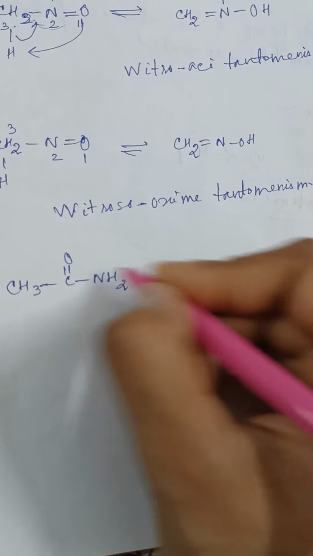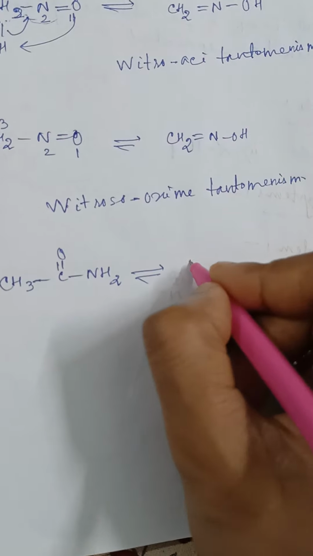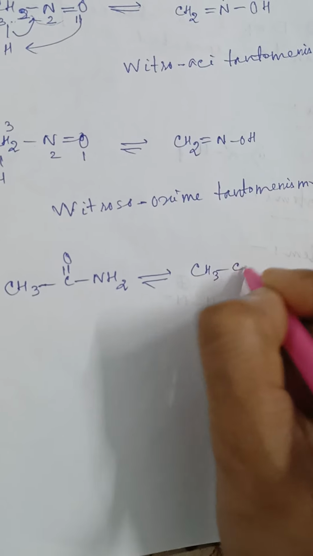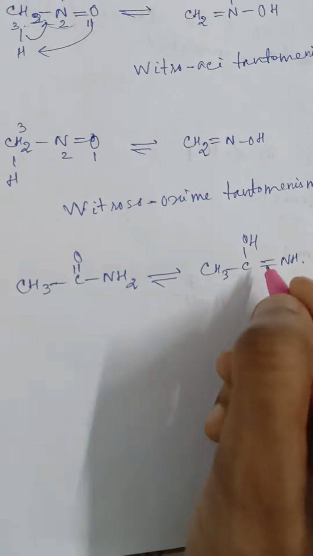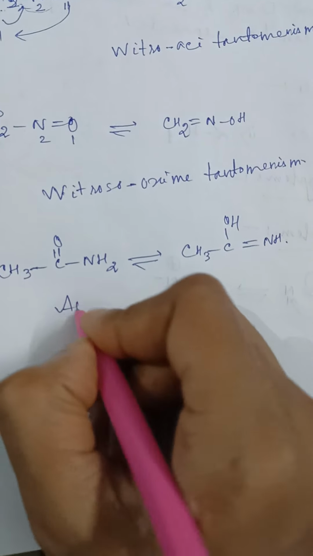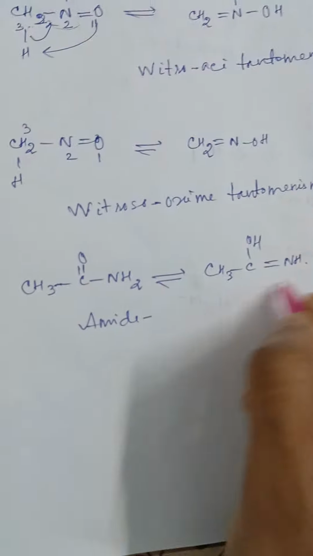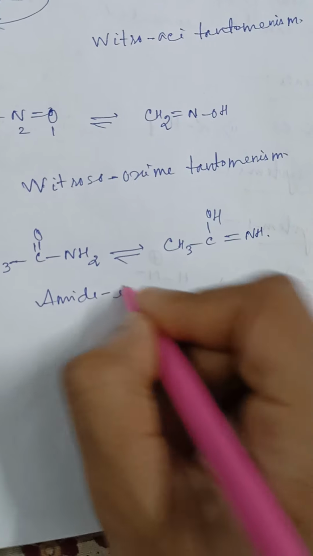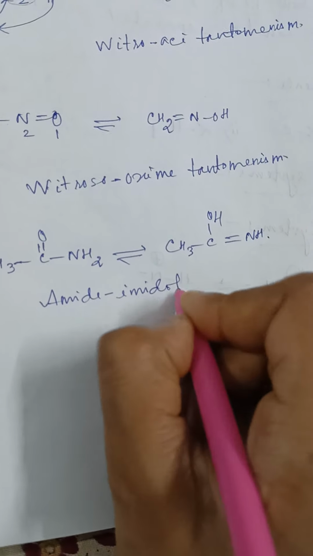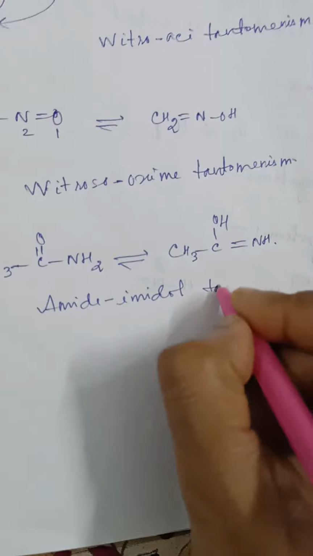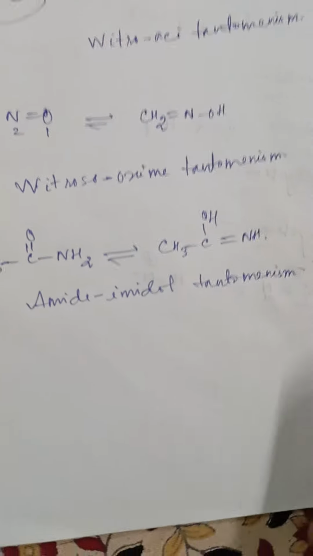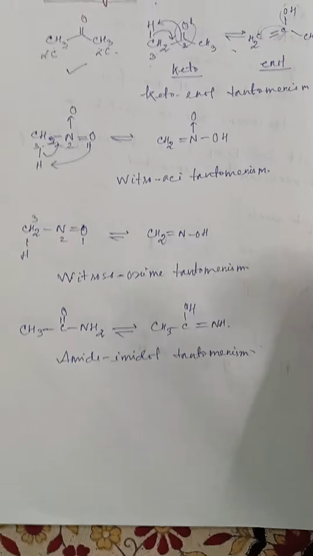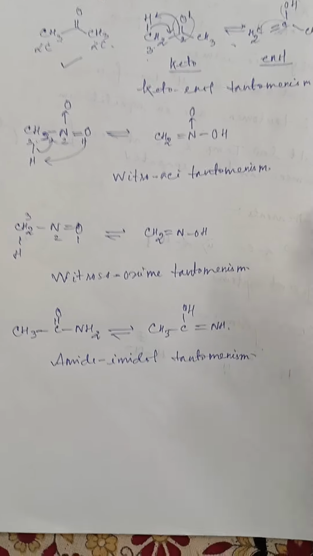The hydrogen transfer, then proton abstraction. So it will be OH here and double bond NH here. I am showing again. So this is amide and this is known as imidol. Okay, imidol. Amide, imidol, tautomerism. Okay, so these are some examples of 1,3 system.